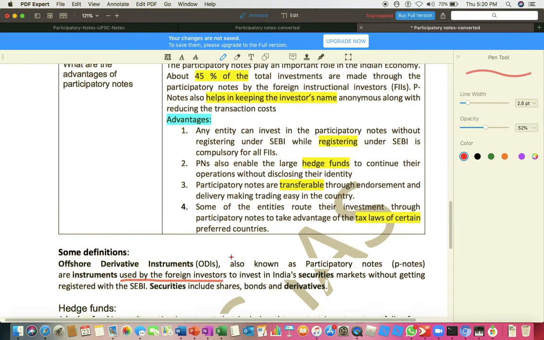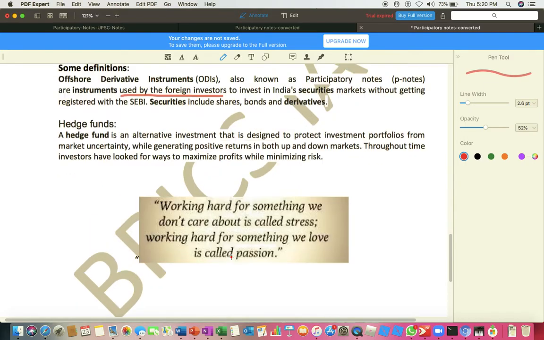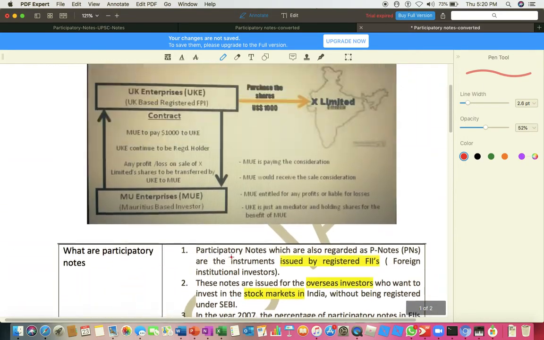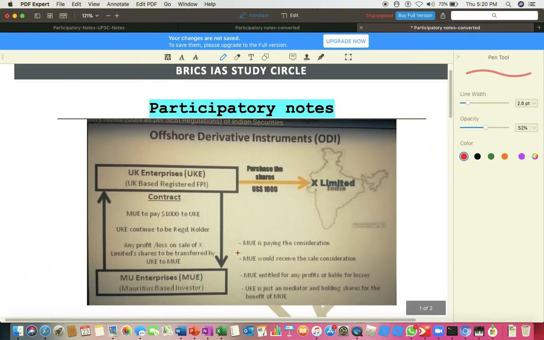Right? Look at this now. Before you can understand the entire theory, only if you could understand the first chart. I made it a little simple here. Please do focus on this. Let's say for example, there is one enterprise called MU Enterprise, which is willing to invest in X company in India.